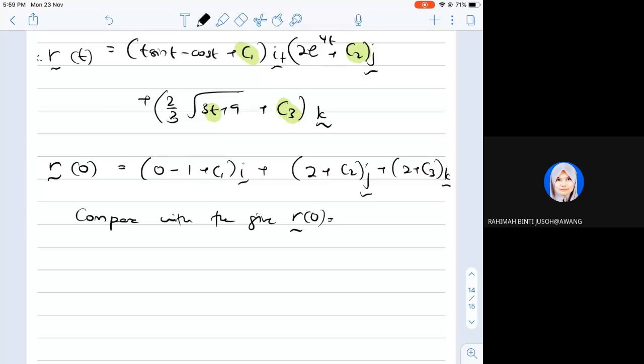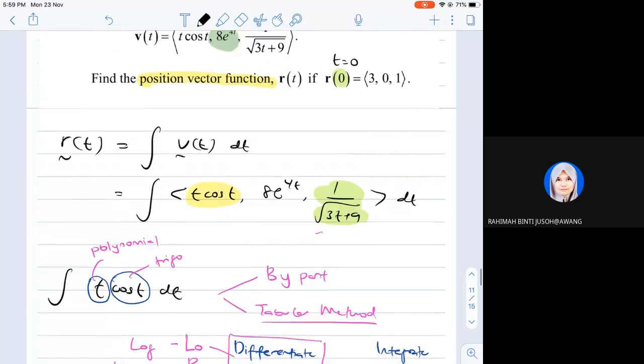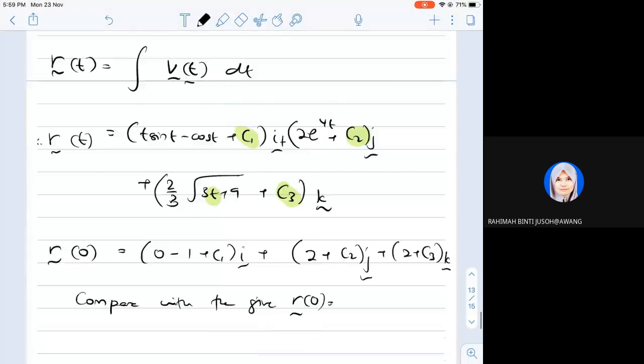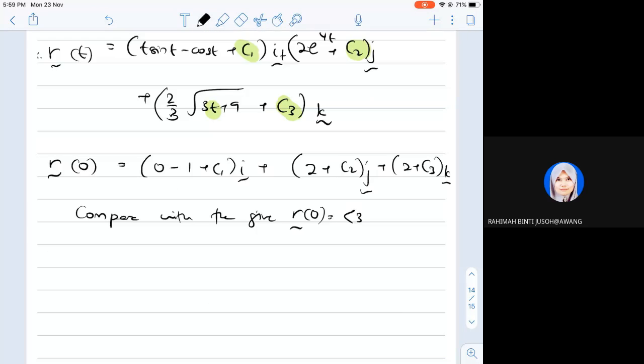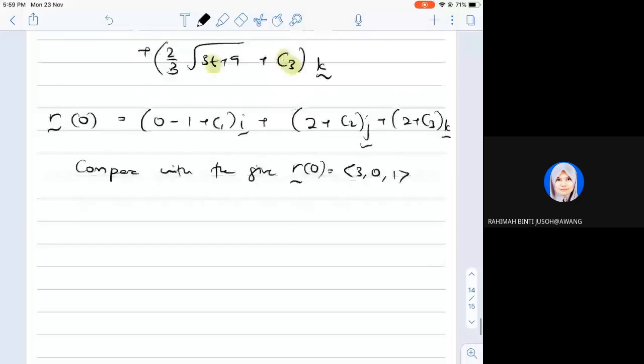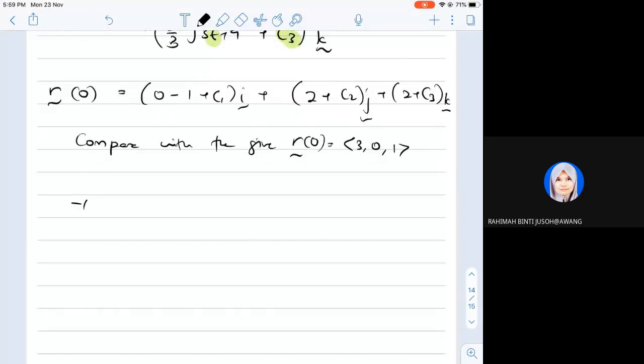Compare with the given r(0), which is 3, 0, 1. Negative 1 plus C1 equals 3, therefore C1 equals 4. For C2, 2 plus C2 equals 0, therefore C2 equals negative 2.